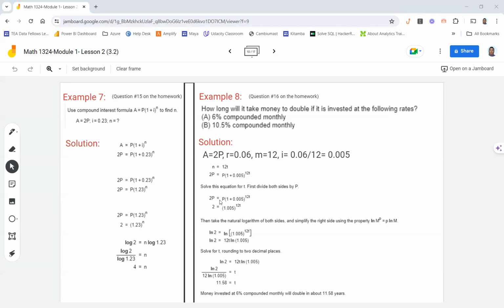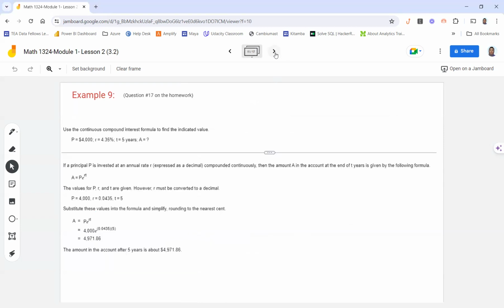And then if you just cancel the Ps, again, if you're not so good with logarithms, you can just use the equation solver. And with this question, the time happened to be 11.58 years. For part B of the question, it's just a different rate, but the same problem. You can work it on your own.